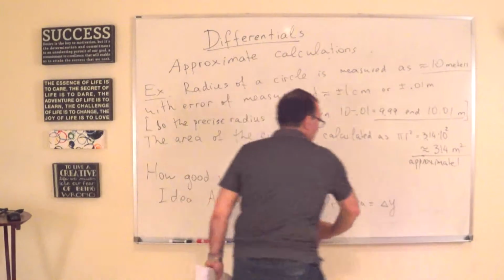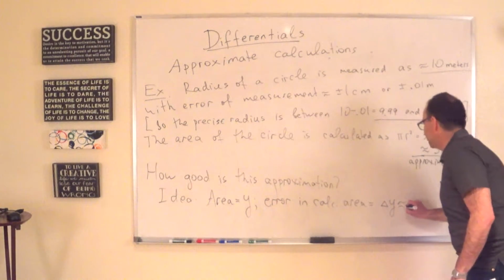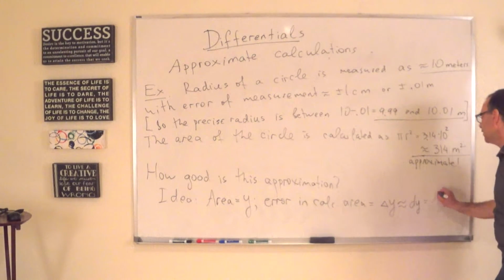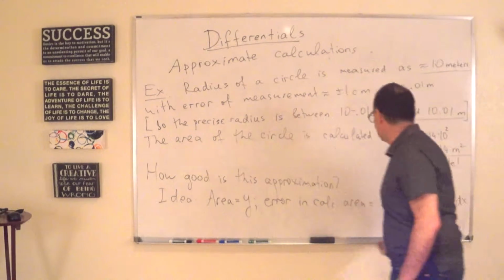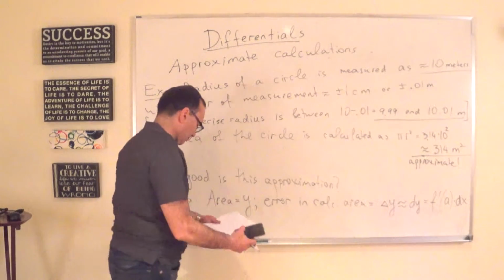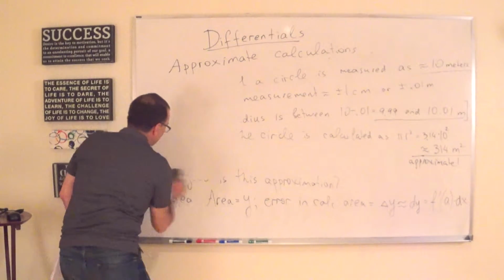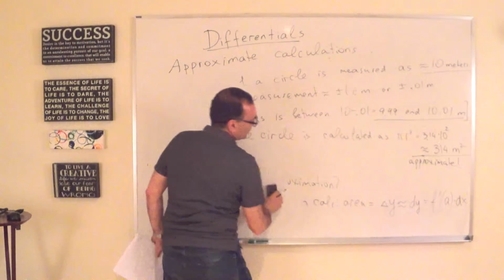And we know that delta y is approximately equal to dy, the differential, which is f prime of a times dx. Once again, here is another way to interpret this.